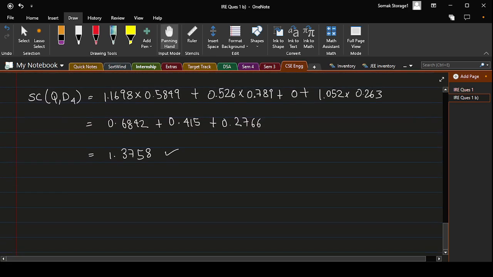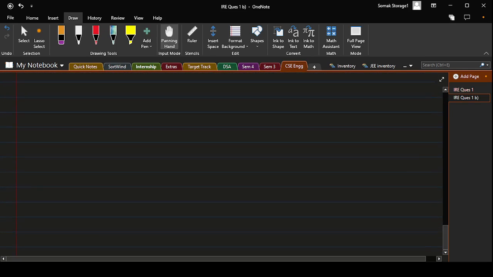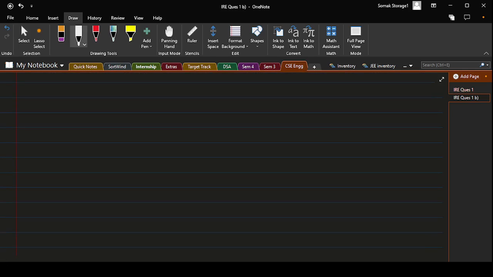So if we compare the similarity coefficients of D1, D2, D3 and D4, then we find the following order: D2 is greater than D3, which is greater than D1, and which is finally greater than D4.